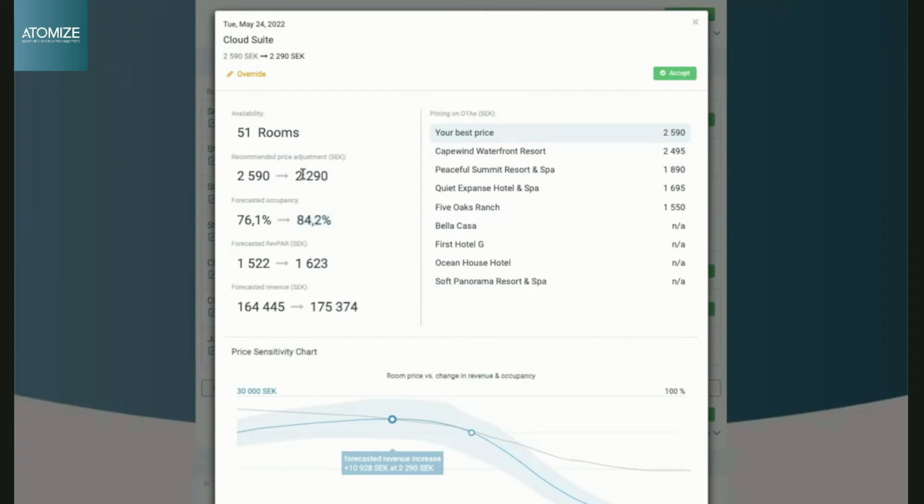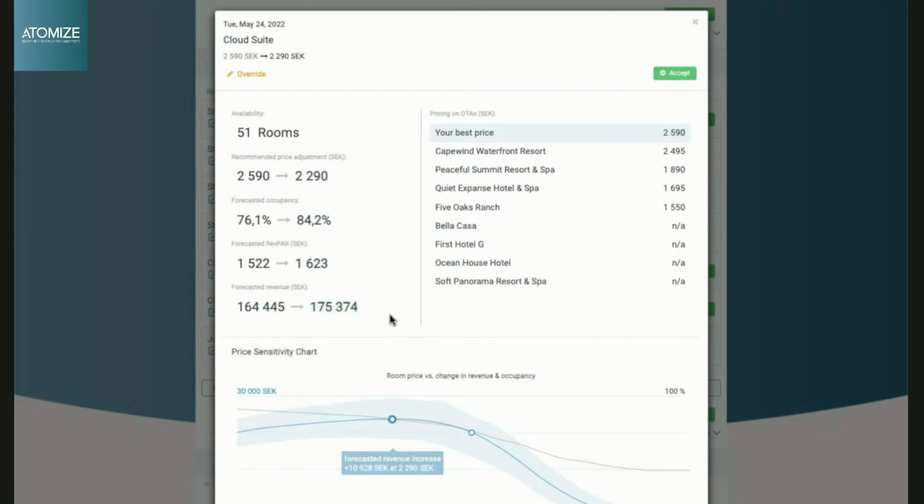But this combination of lower price and higher occupancy will actually trigger an increase in RevPAR, revenue per available room. So rather than having this revenue for the remaining rooms, you will actually get this RevPAR for the remaining sold rooms. And in actual revenue numbers, which at the end of the day is what matters, rather than having this, you will have this revenue.